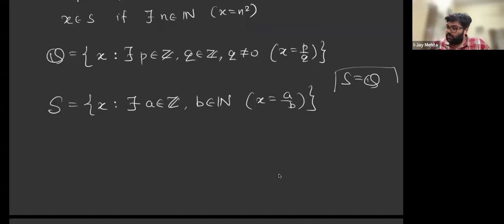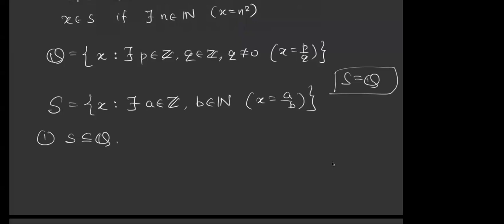For this, we need two things. First thing, what we proved was S is a subset of Q. How did we show S is a subset of Q? Did you discuss yesterday?